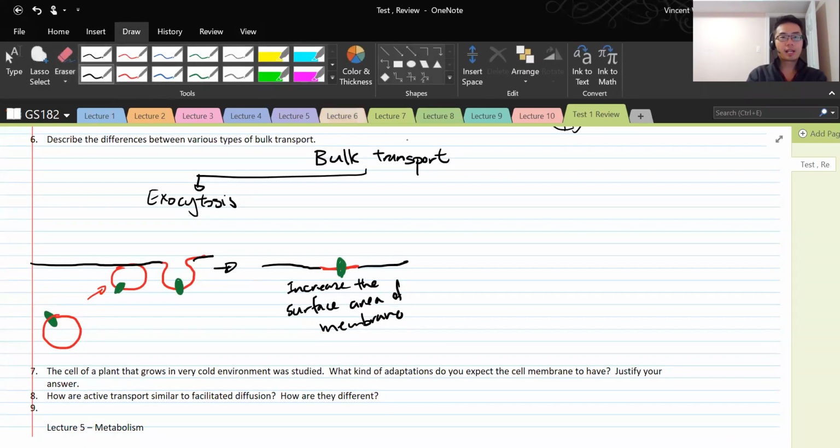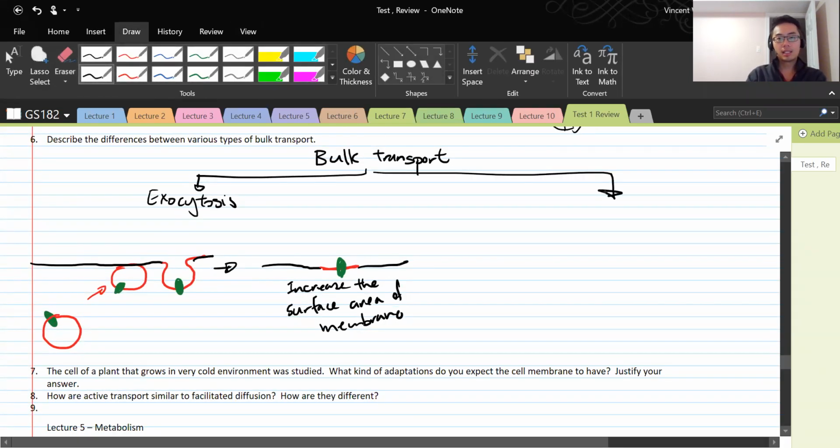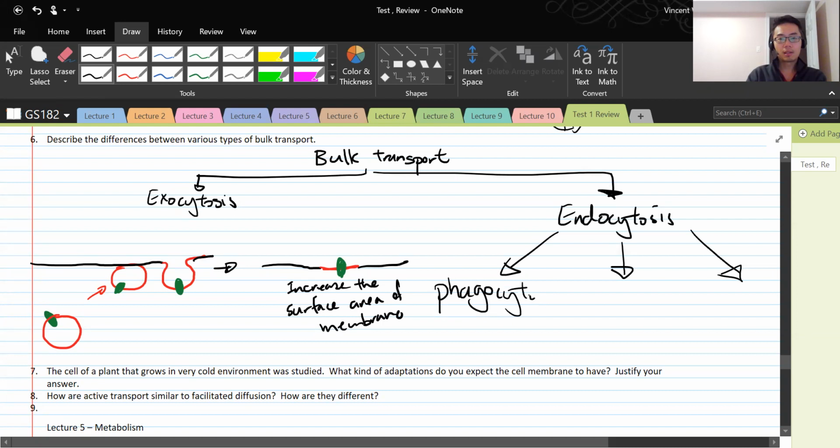The opposite of exocytosis is endocytosis. There are three types. There's phagocytosis, right? Cell eating. So like a cell, and then there's a bacterium, and then you will eat it.